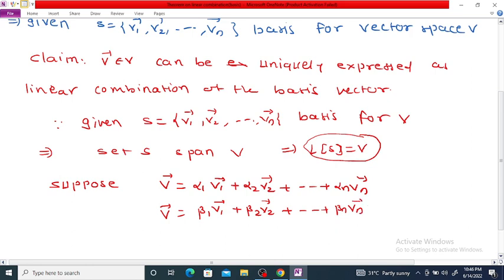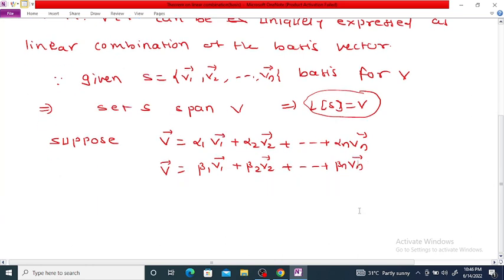So these are the two expressions. Suppose we express V bar in such a way. Now, if we write V bar minus V bar, what is minus V bar? Minus V bar is equal to minus beta 1 V1 bar minus beta 2 V2 bar and so on, minus beta n Vn bar.